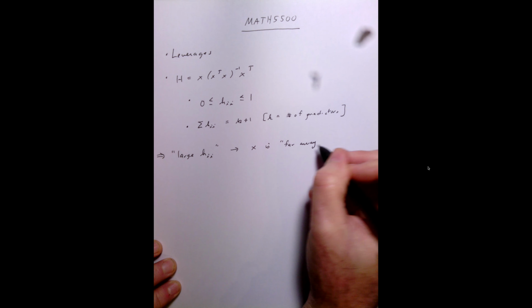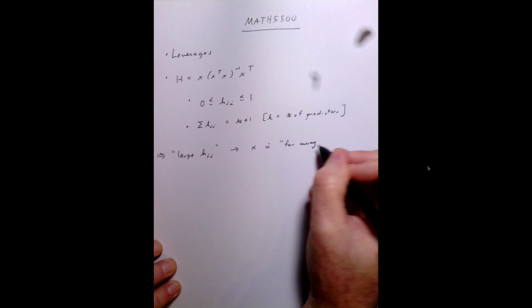All right? So the reason for that is because h sub i is actually defined as the leverage of the ith case. So h sub i is defined as the leverage of the ith case.